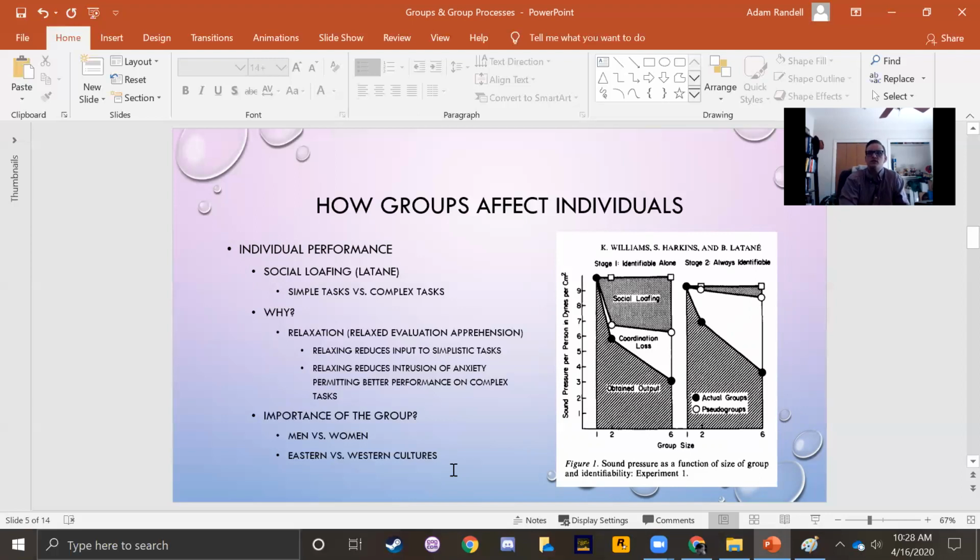So what you see to the right there is a visual representation of the results from a study that Latane did with some colleagues. This was one of two reported in that particular article. In this study, they told participants they were looking at basically sonic output, you know, how loudly they could shout.